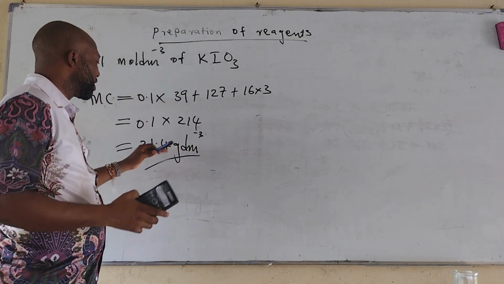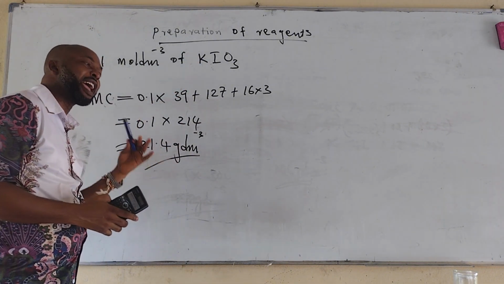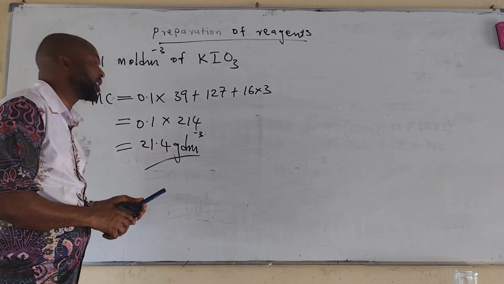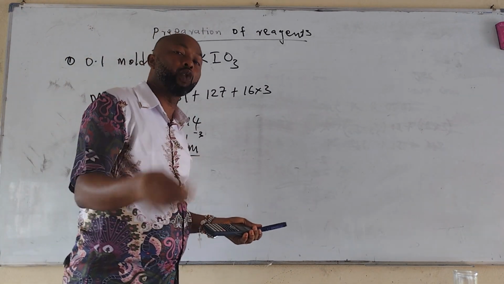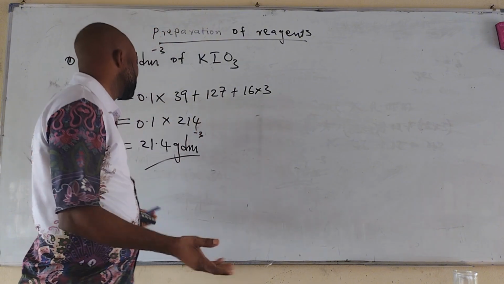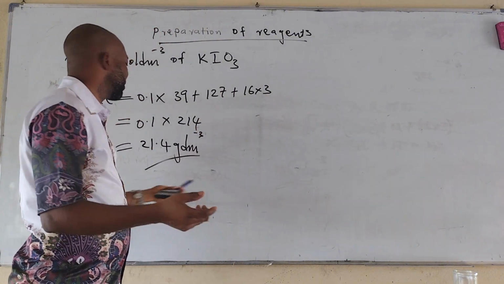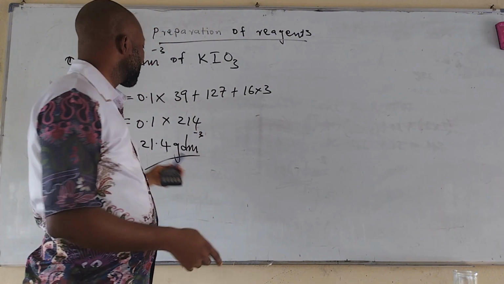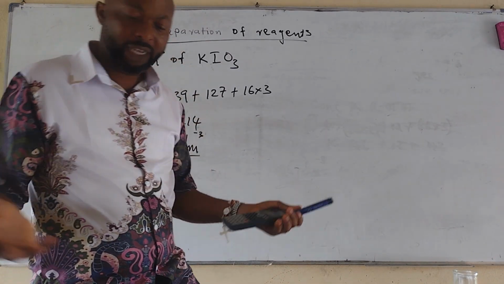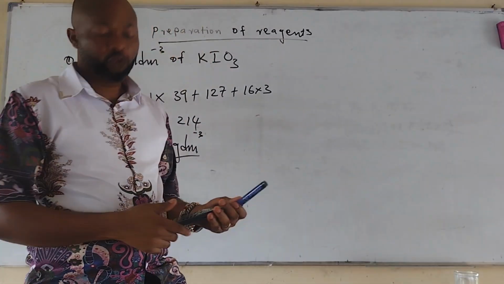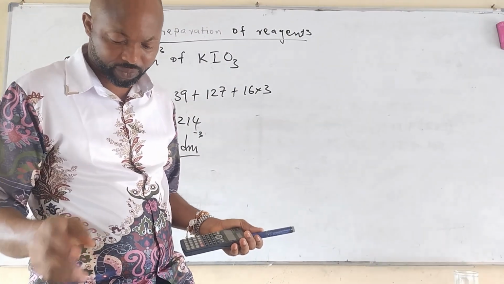And whenever you do this, you dissolve it in 1000 cm³ of distilled water. Or if you need a little, you divide by 2, dissolve in 500, divide by 4 and dissolve in 250, or divide by 8 and dissolve in 125, as the case may be.